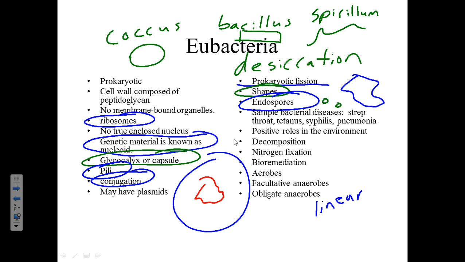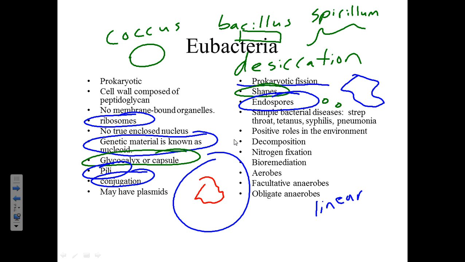What's probably the bacterial disease that's killed more people than any other? I think of two. I may be wrong here, but tuberculosis is bacterial, TB, and the Black Death was bacterial as well, plague. You don't hear a whole lot about bacterial diseases anymore.